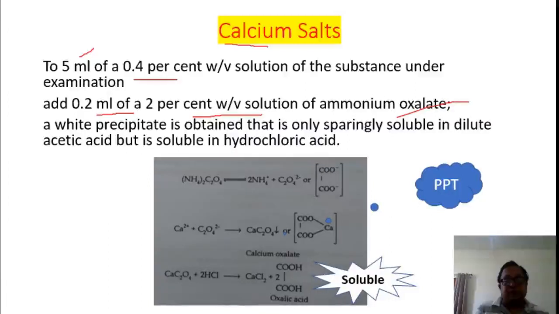It produces a white precipitate of calcium oxalate. This precipitate is sparingly soluble in dilute acetic acid, but it is soluble in HCl. As soon as we add HCl, it is converted into calcium chloride and oxalic acid, and both are soluble.